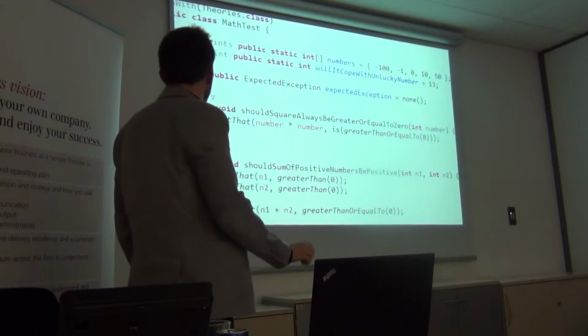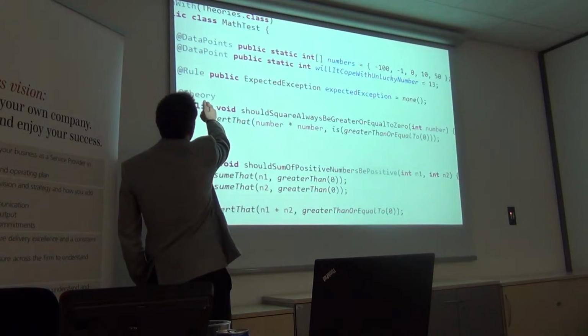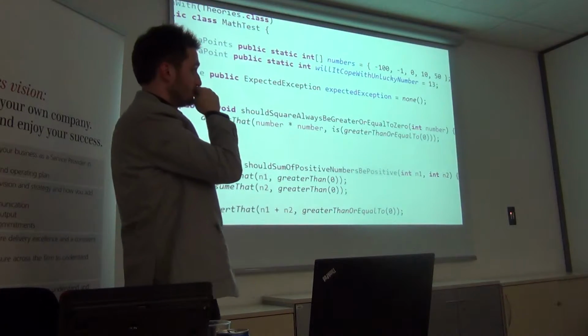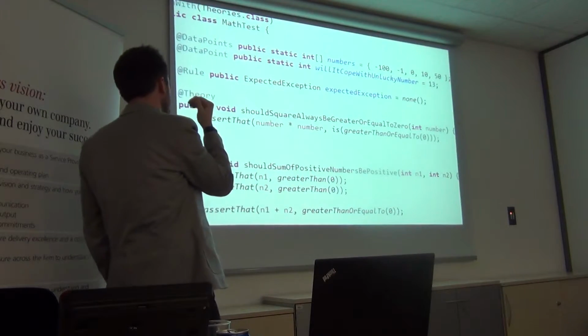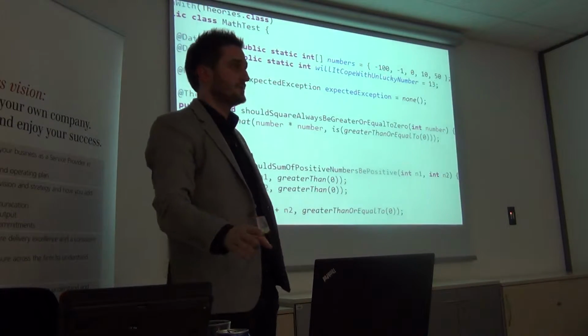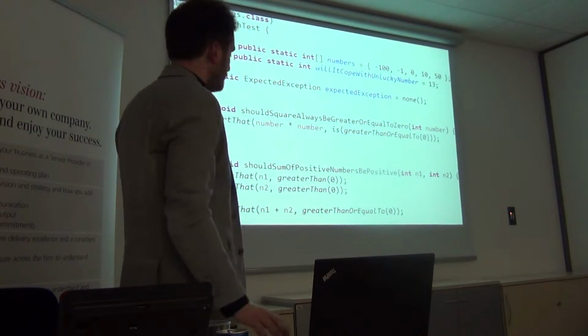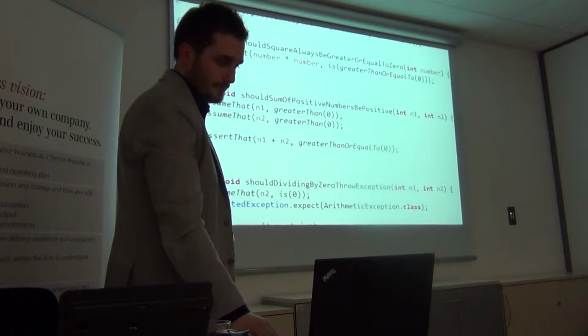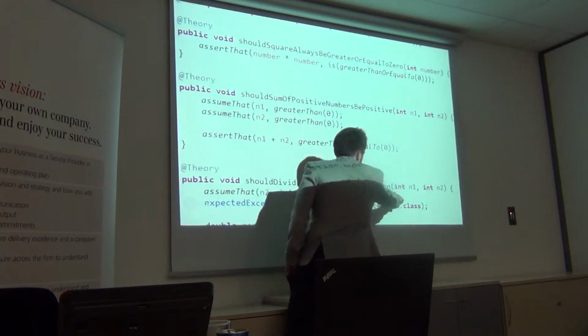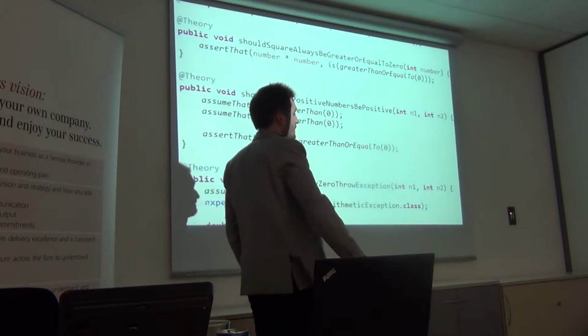Then you annotate your test with the Theory annotation. And the good thing is that you can also put normal standard JUnit tests in this class. You specify in the method signature what arguments you need.